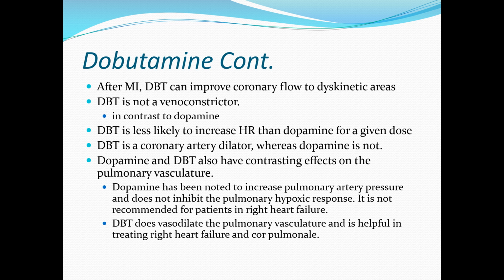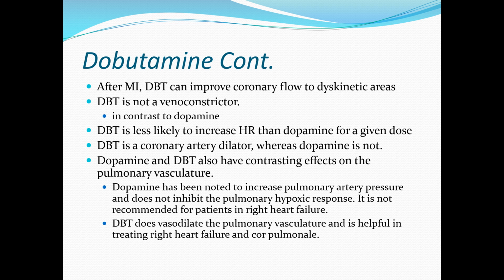Both dopamine and dobutamine have contrasting effects on pulmonary vasculature, and this is more of a hotbed for questions. Dopamine has been noted to increase pulmonary artery pressure and doesn't inhibit the pulmonary hypoxic response. It's not recommended for patients in right heart failure.